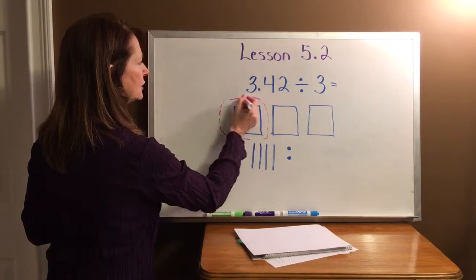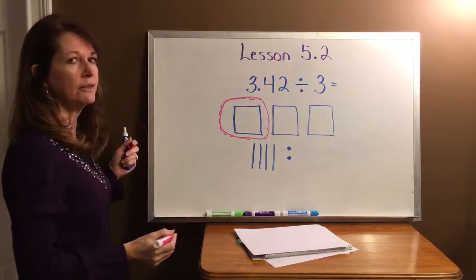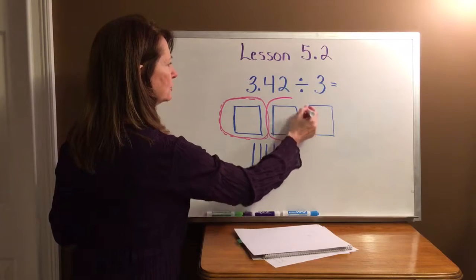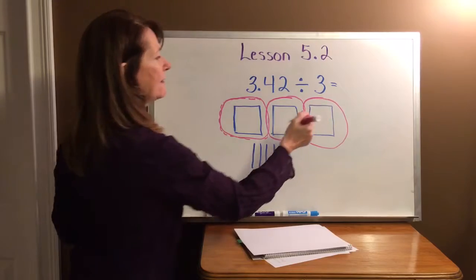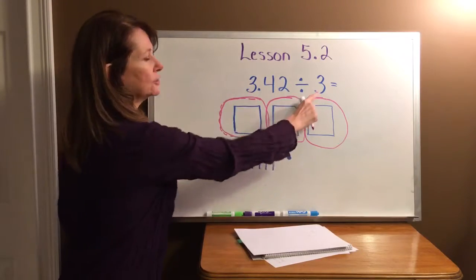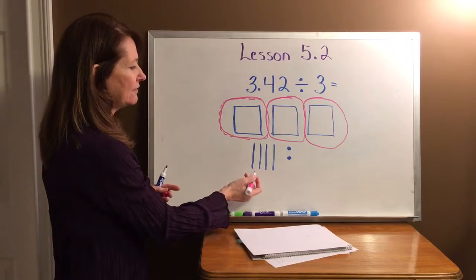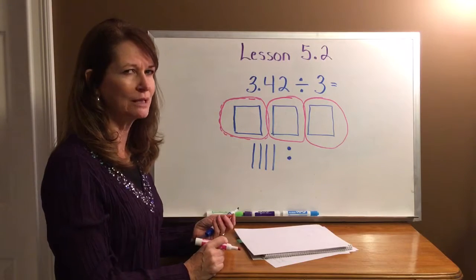There's one group, and here's my second group, and here's my third group. So I have separated my whole number 3 into 3 groups. That's pretty easy. But now I've got this 42 hundredths I need to separate as well.